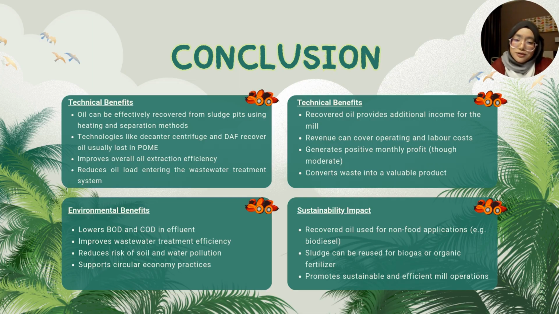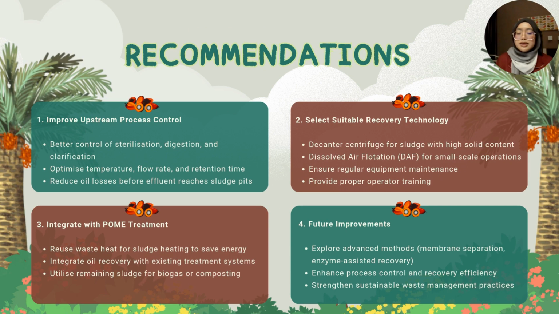Economically, the recovered oil provides additional income that is able to cover operating and labor costs, resulting in a positive profit. Environmentally, oil recovery reduces BOD and COD levels, which improves wastewater treatment efficiency and supports circular economy practices through biodiesel production and sludge reuse.